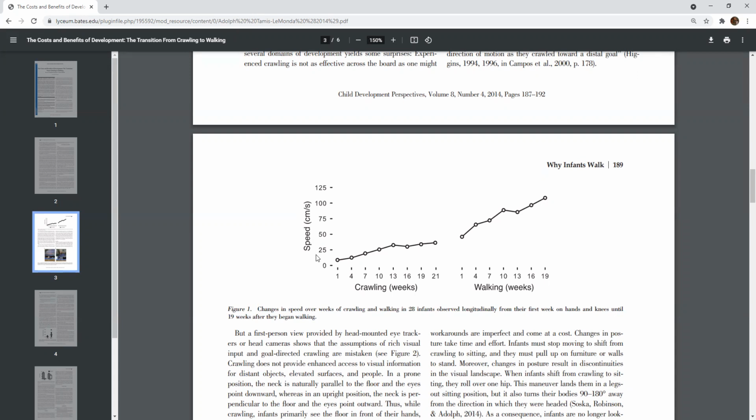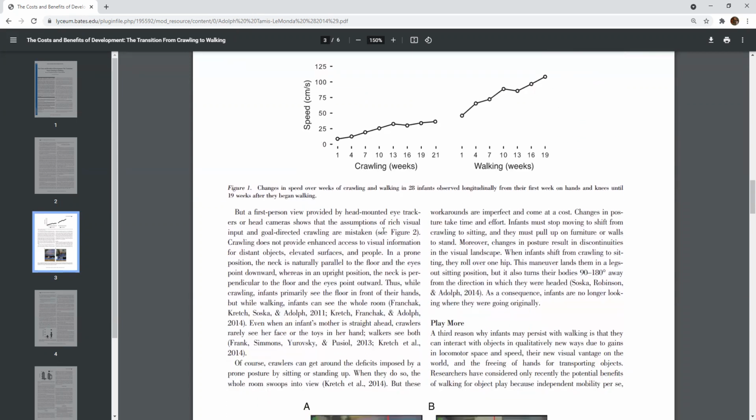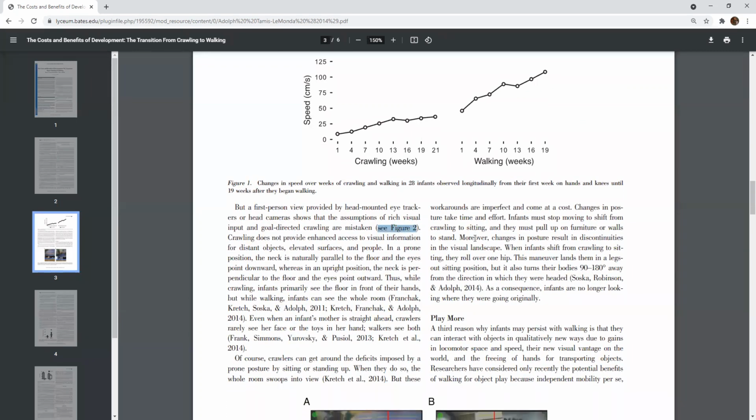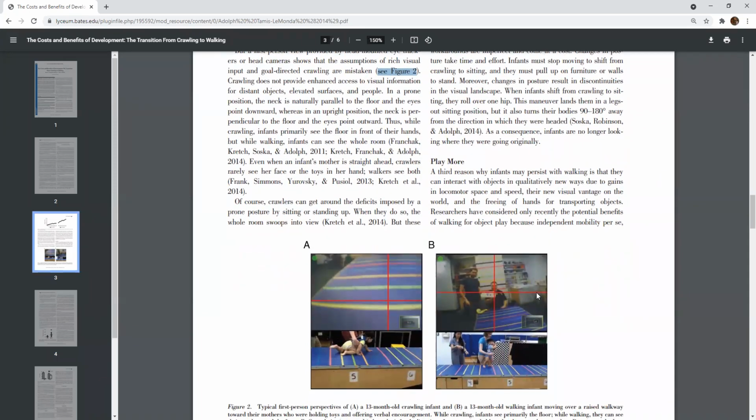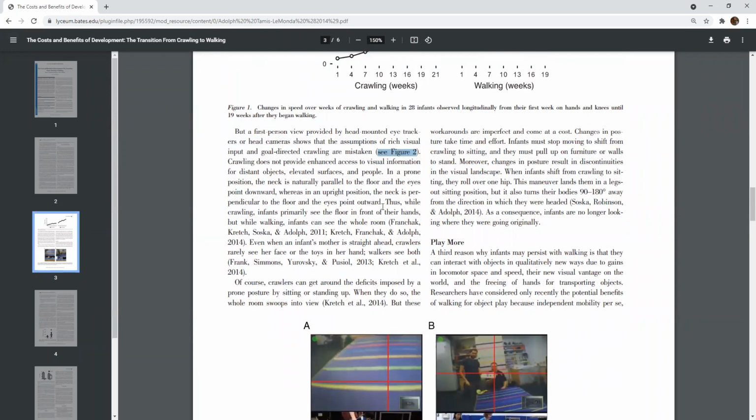And specifically, the figure is supposed to supplement what's in the text. And so when in the text they reference see figure 1, go actually look at figure 1, go back and forth. You can see right here, they say see figure 2. So I'm going to scroll down and spend some time looking at figure 2. What additional information in the figure helps you understand what's in the text?